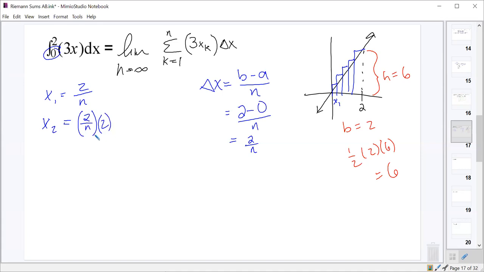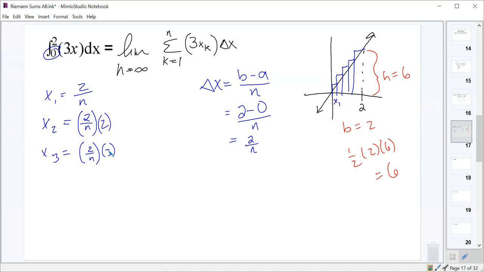Yeah. That's how far over I've gone, where I plug this x value, x sub 2, into my function to get the height, 3 times it. Well, what about the third one? What have I done? I've gone over 2 over n for the first one, 2 over n for the second one, and another 2 over n for the third one. So that ought to be 2 over n times 3.